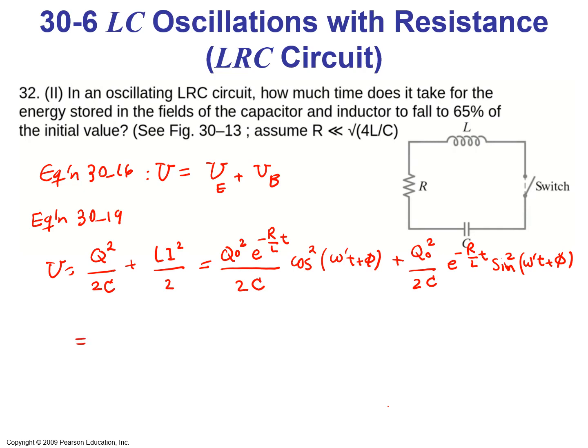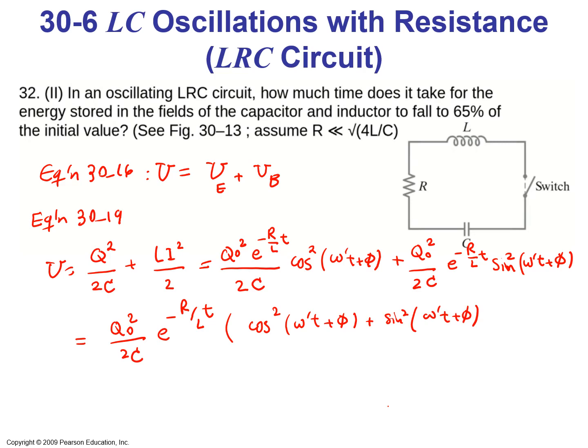So we have the constant value of Q naught squared divided by 2C e to the power minus R over L times t, and cosine squared of omega prime t plus phi plus sine squared of omega prime t plus phi.